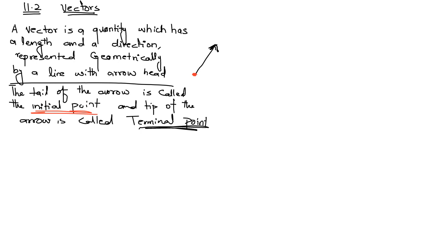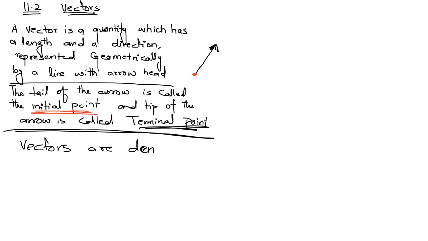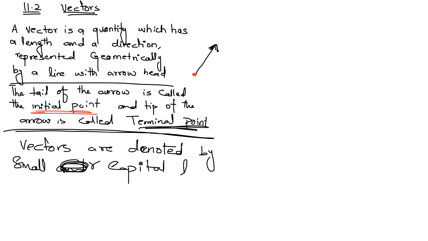And how can we denote a vector? It's very simple because you already studied this, that vectors are denoted by small or capital letters, okay, with an arrow.